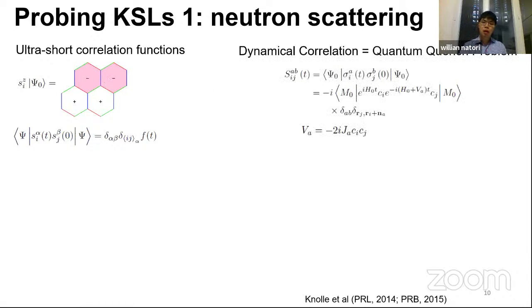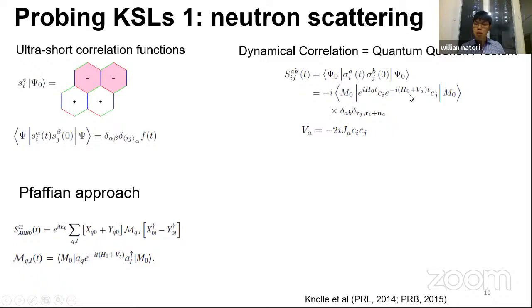And this matrix element here, you can show that you can map it to a quantum quench problem in which you consider the effect of acting with a Majorana fermion, then applying the evolution operator of a modified Hamiltonian with these two extra fluxes, applying another Majorana, and then returning back to the Hamiltonian of the ground state.